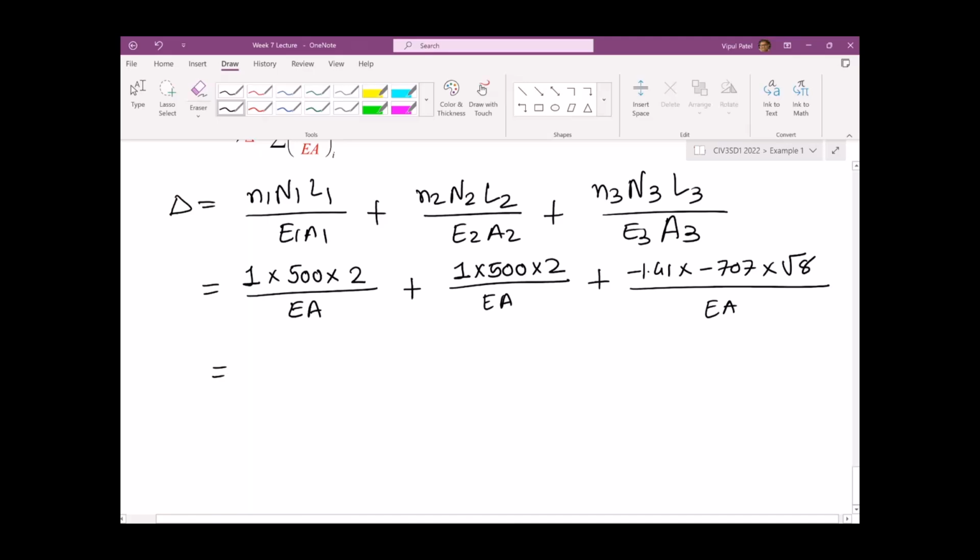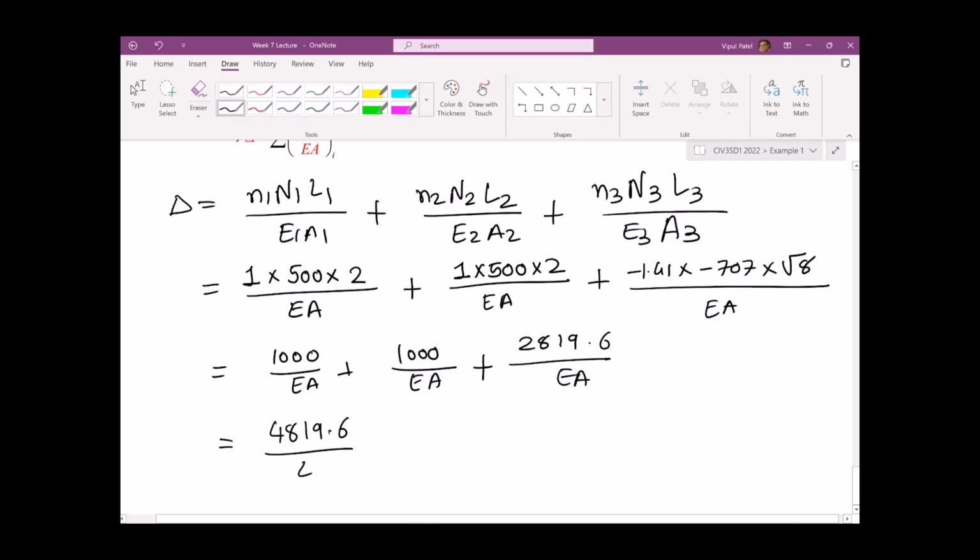So if you solve all of this, you get 1000 over EA plus 1000 over EA plus, let me use the calculator, 2819.6 over EA. So you get 4819.6 over EA as the displacement.